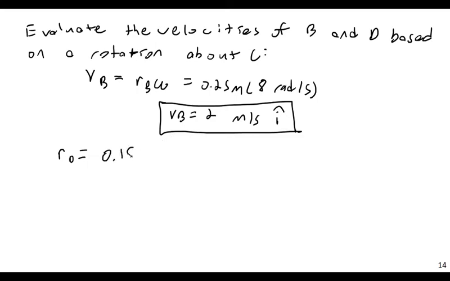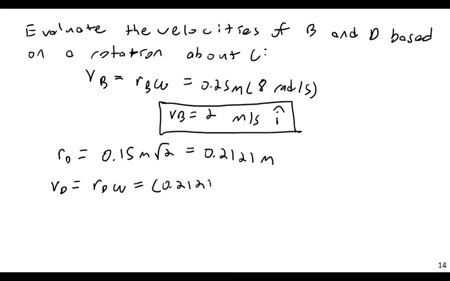It's Pythagorean, basically, and this is going to be 0.2121 meters. That's R of point D. And then VD is equal to RD times omega, which is equal to 0.2121 meters times 8 radians per second.